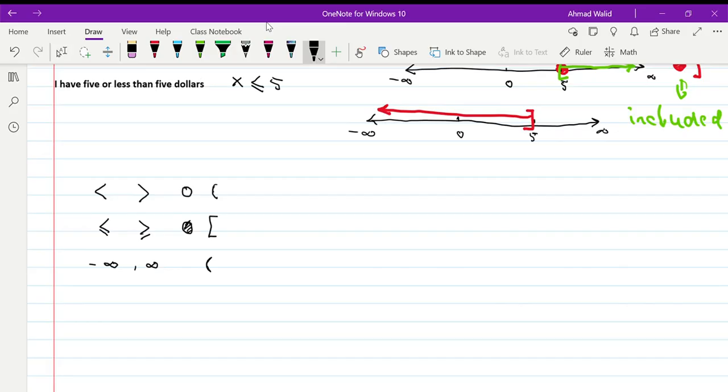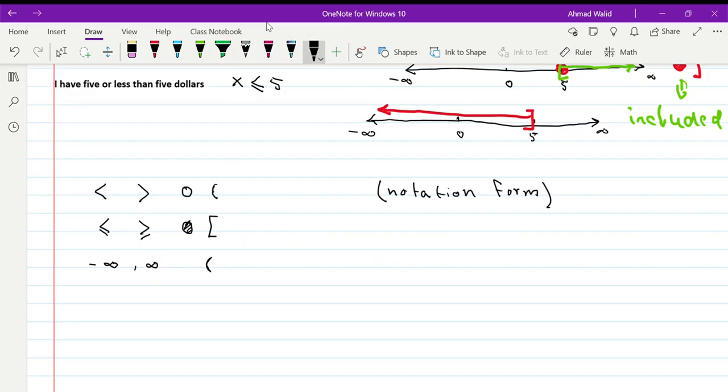Okay, that was how to show your answer in a number line, correct? Now, how to show your answer in function notation form. We call it notation form, correct? Some professors, they ask both.